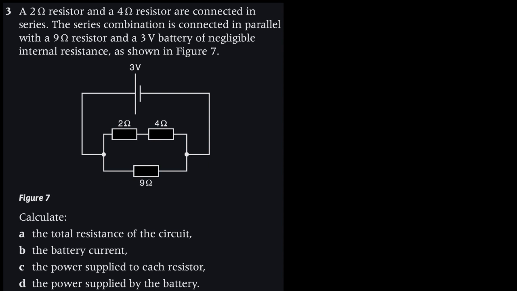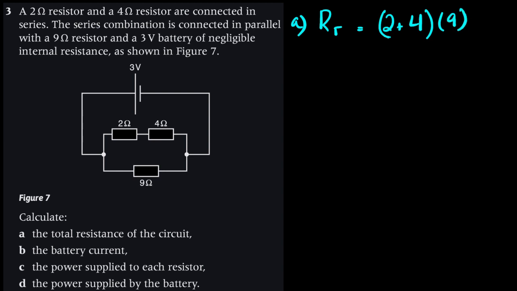So in part A, if we need to find the total resistance, if we call it RT, that's going to be the 2 and 4 combination, which is going to be in parallel with the 9. So this can be represented as one resistor, and this is another. Then we can use product over sum. If one resistor is 2 plus 4, then the other one is 9.